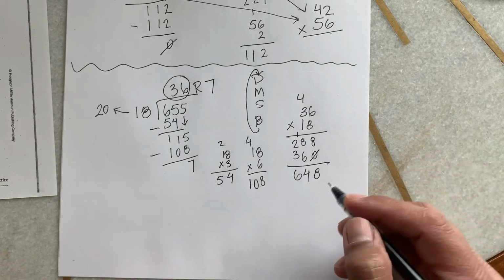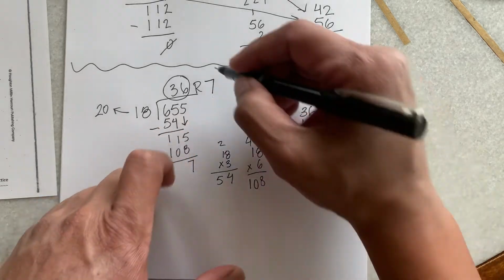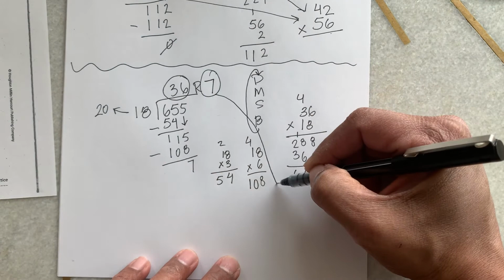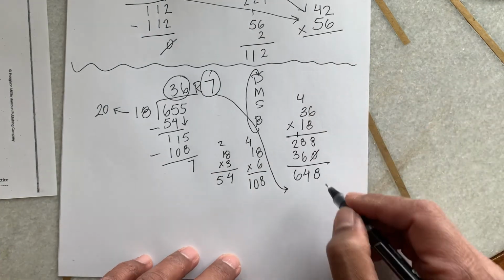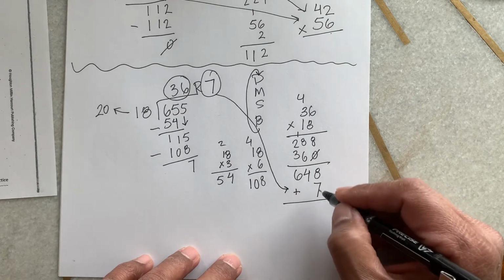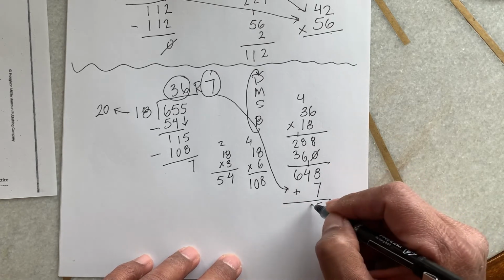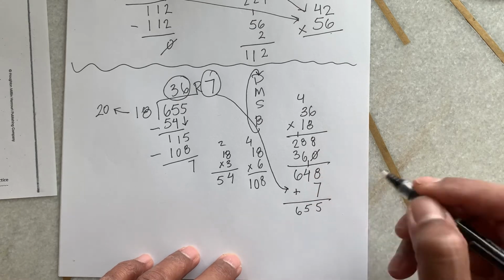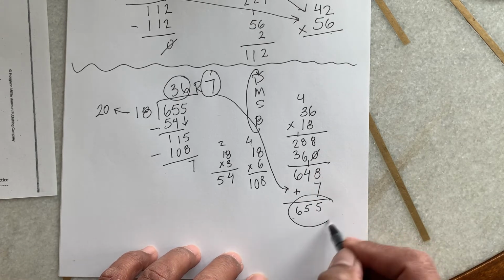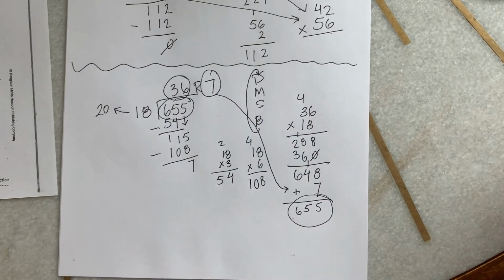Okay? And I know you're saying, hey, that doesn't match. Well, don't forget, we do have a remainder. When you have a remainder, you're going to add that to this answer here. I get 655. Whew. Yes, I am right, and I know I'm right because 655 matches 655.